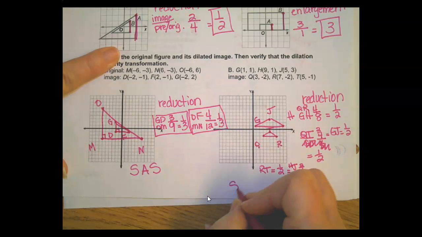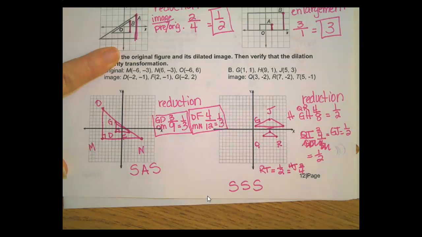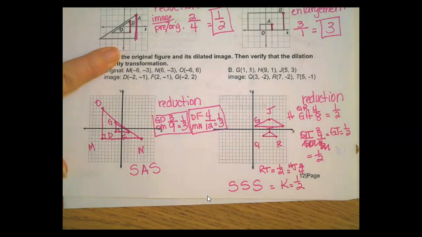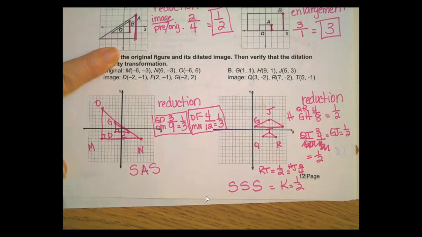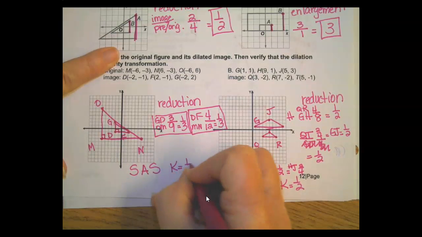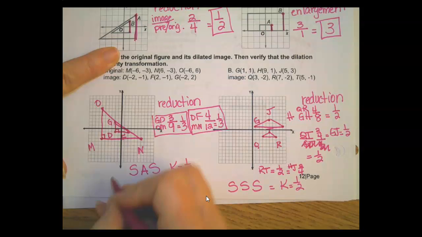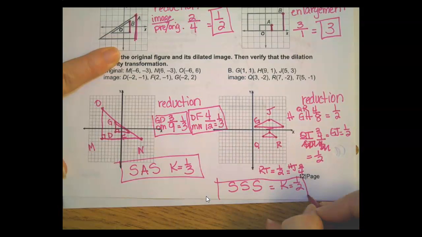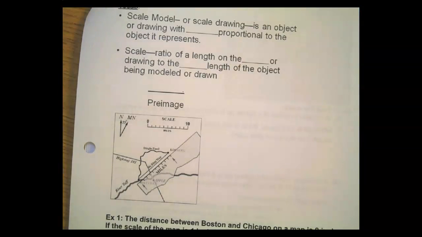So now we have side, side, side. They're all equal to 1/2. My scale factor, or my K, is equal to 1/2. Up here, my scale factor was 1/3. All right, let's do some more. Oh, that's the end. Okay.